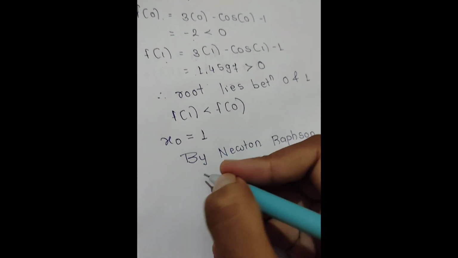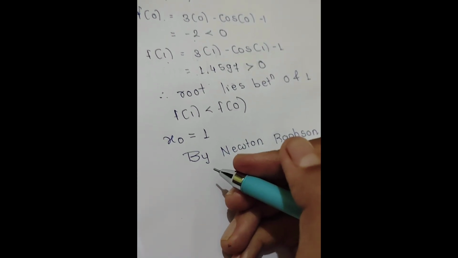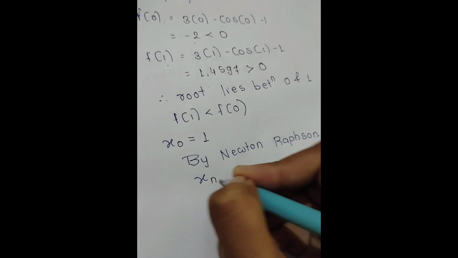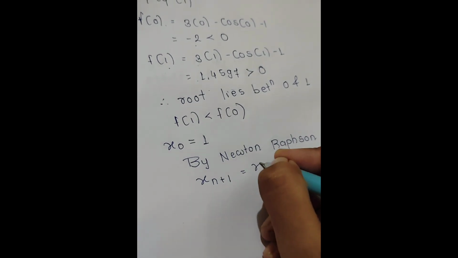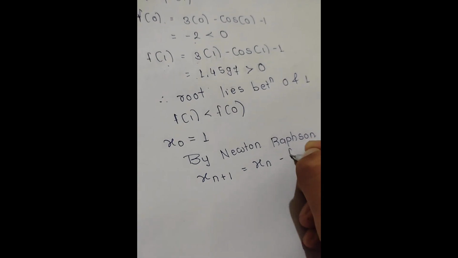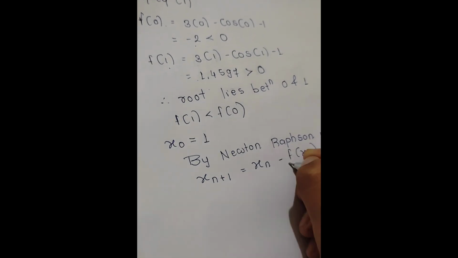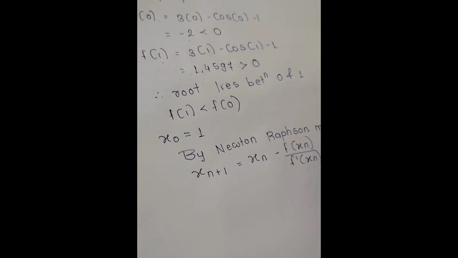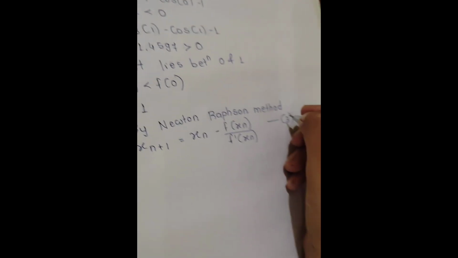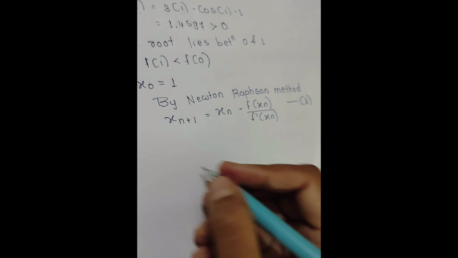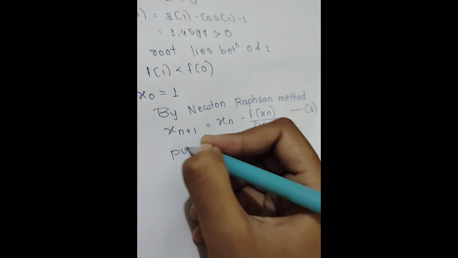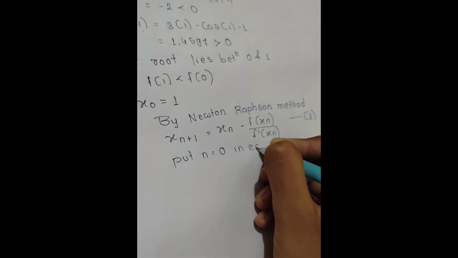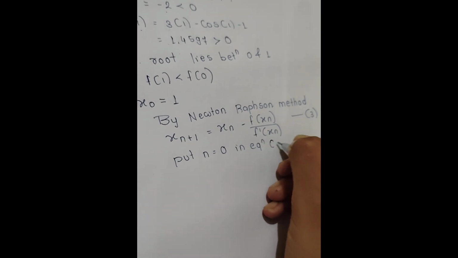Earlier I told you the formula of the Newton-Raphson method, x_{n+1} = x_n - f(x_n) / f'(x_n). This is our equation 3. Now we put n = 0 in equation 3.